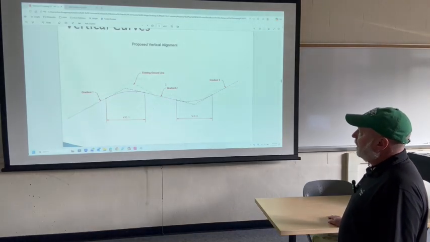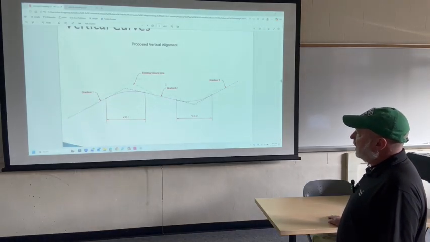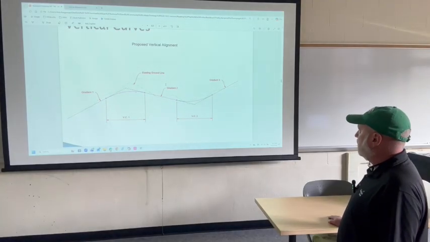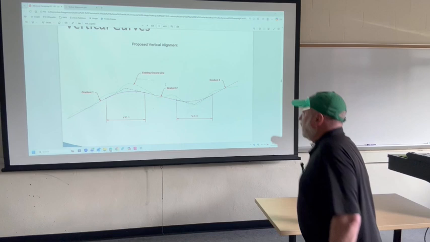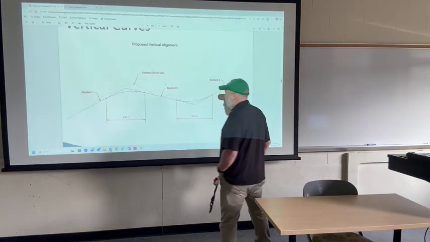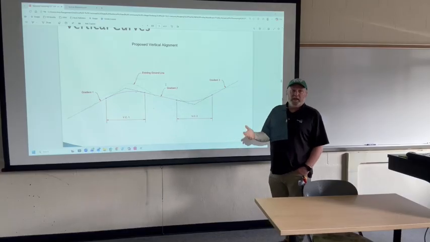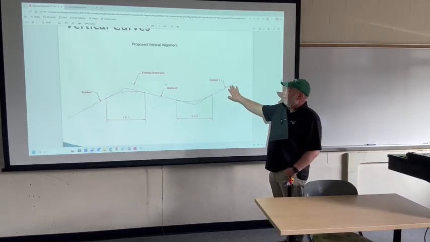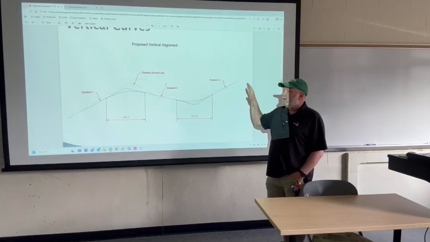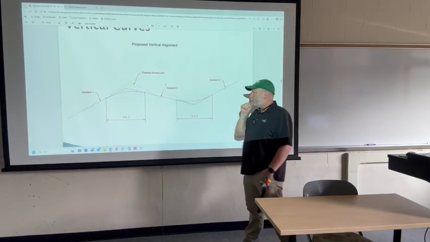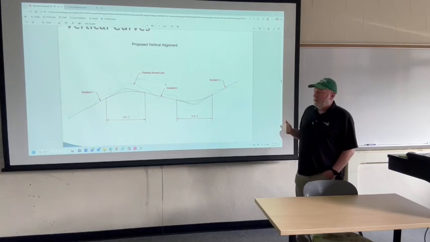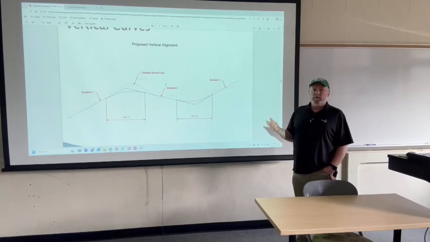We have the gradient 1, gradient 2, and VC1, VC2, and the gradient 3. Gradient 1, gradient 2, and 3 are pretty much your vertical tangents. They will have a slope listed as a percent usually, not always, but usually on them. The VC1, VC2 are our vertical curves, our parabolas.